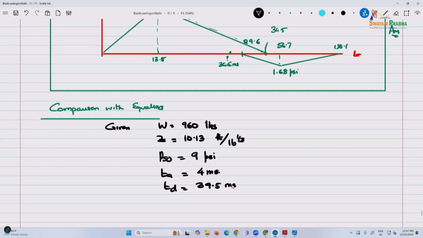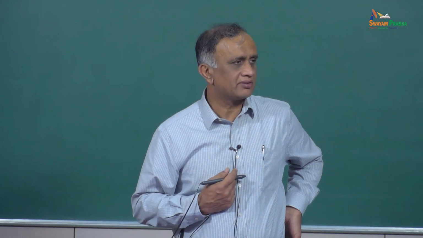Then PR was 25 psi. LW was 23.7 or 237, I don't know. 27.6 LW blast for the first set, not the one for the back wall, for the front.